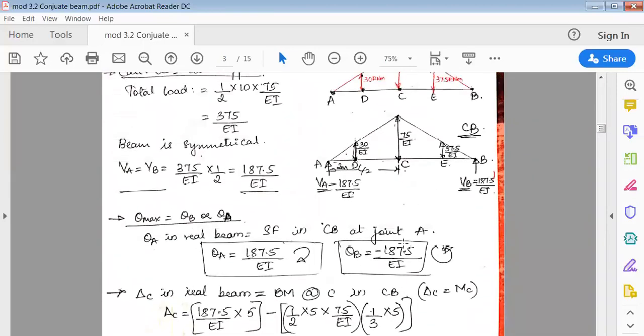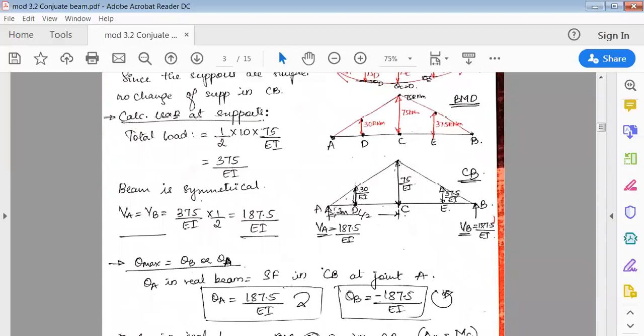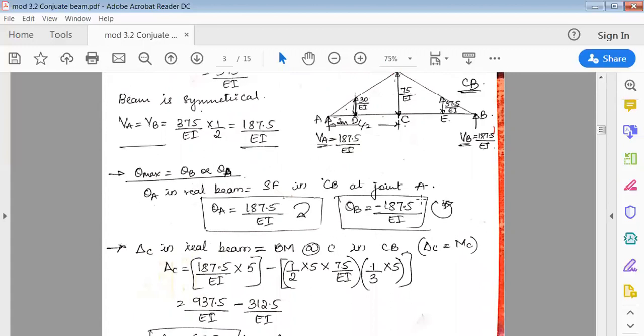You can consider the complete triangle, half into complete base into height. Now you have to divide this by 2, because whatever is acting at the center gets distributed to the left and to the right.